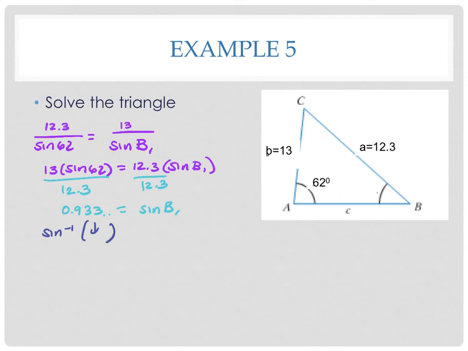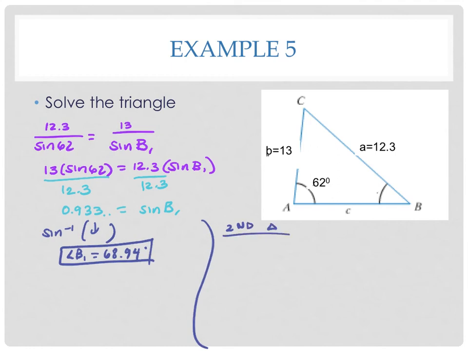So second sine, second answer. And I get angle B1 equals 68.94. There's angle B1. So I'm going to say, okay, I think there's going to be a second triangle this time.